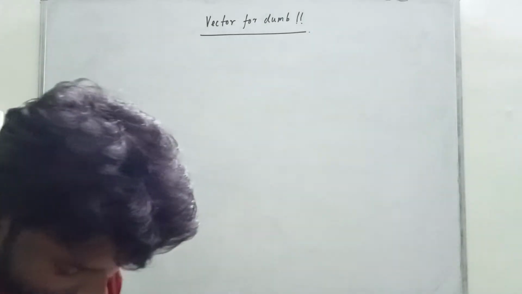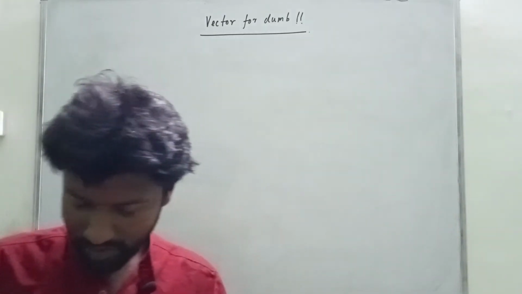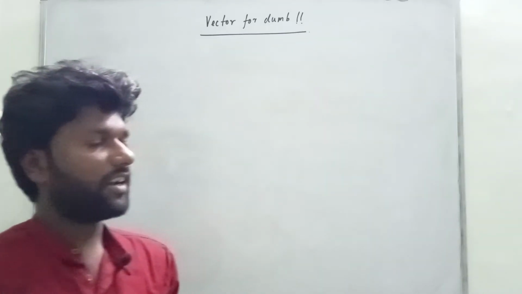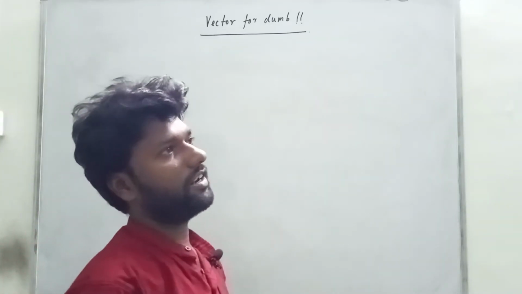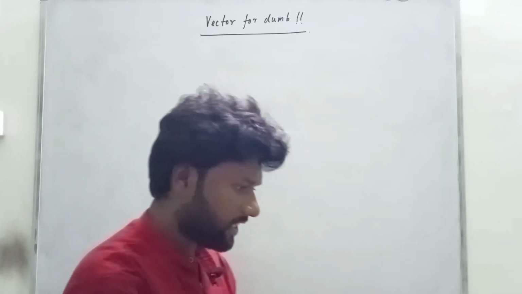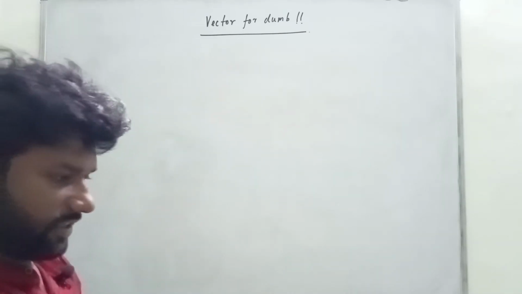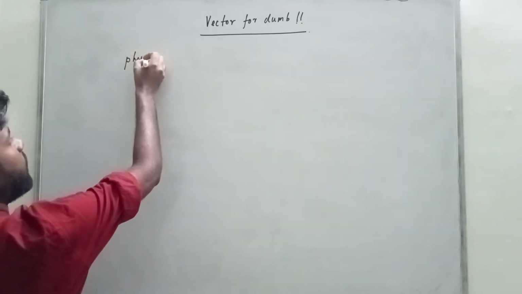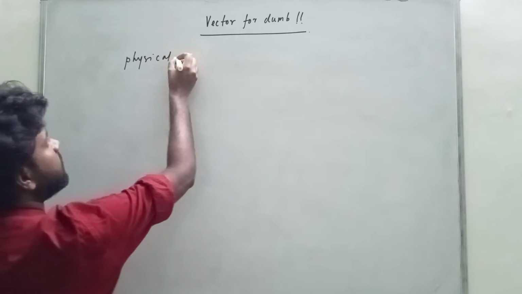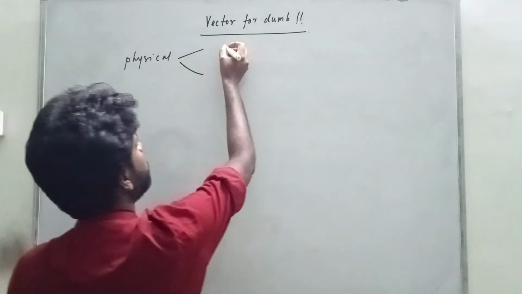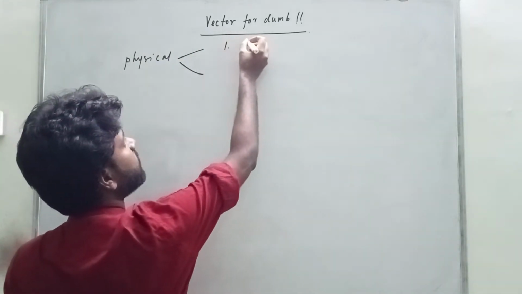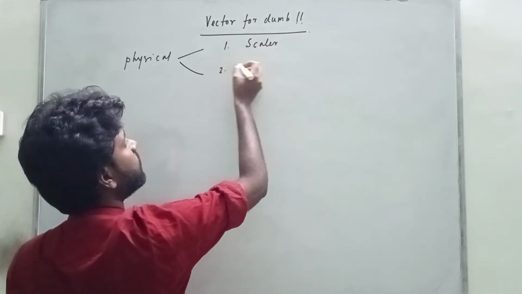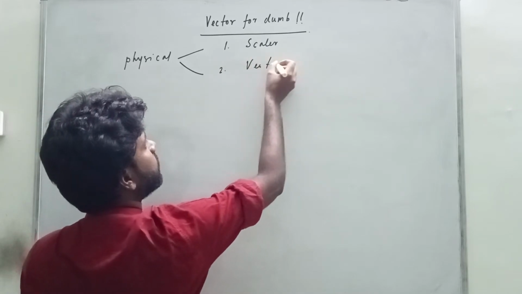Okay. So all of you know from your class 9, 10 that physical quantities are broadly classified into two sectors, right? One of these is a scalar and another one is a vector, right?